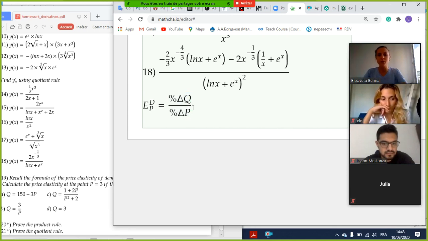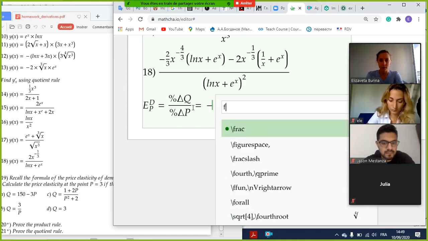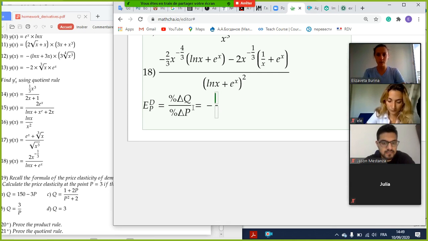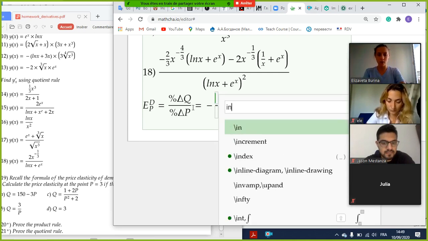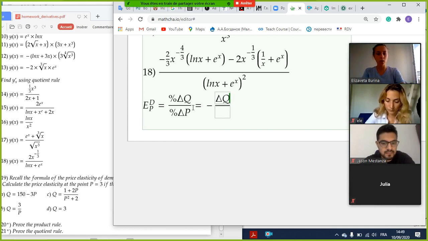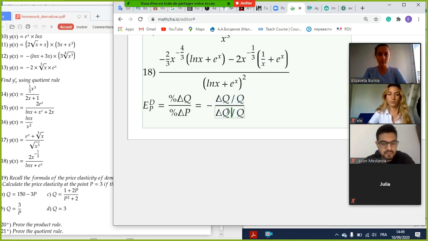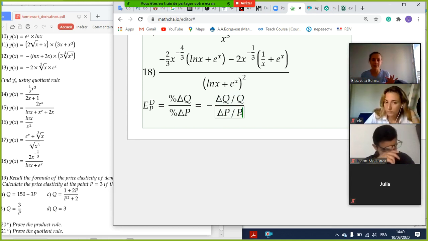So what does it have to do with our derivatives and all that? Well, this can be rewritten as a fraction. I'm going to explain the minus in a second. So here Q over Q, and here the same with the price. Why am I taking out this minus?